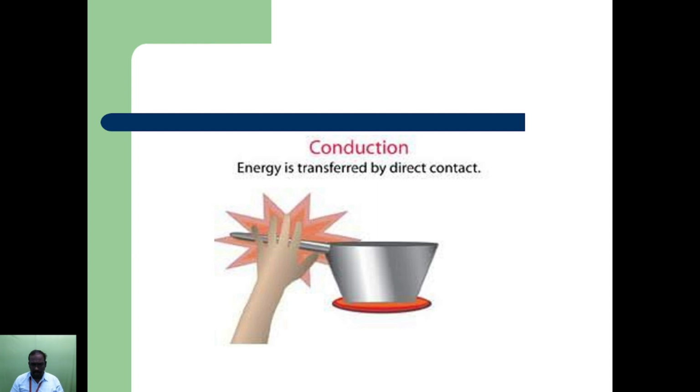Various materials are available, for example steel, aluminium, metal, diamond and gold. Each type of material has a different value of thermal conductivity, and the unit is watt per meter Kelvin.